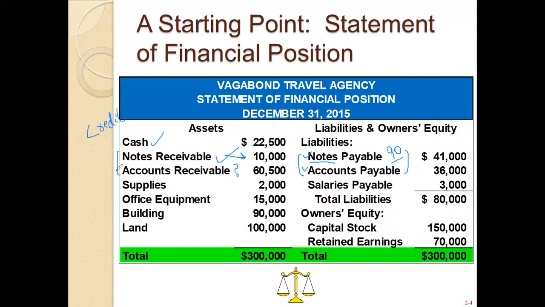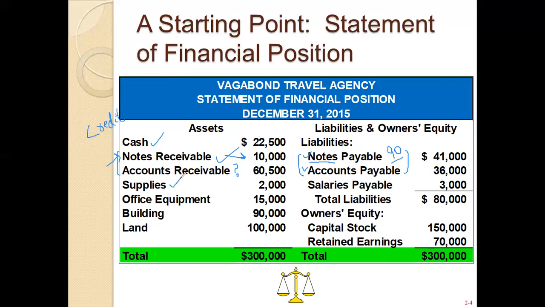It may be 10, 20 or 15 days, but not more than 90 days, or 3 months. If it exceeds 3 months, then we use a note receivable, not an account receivable. That is the difference between note receivable and account receivable. Hopefully you will understand.